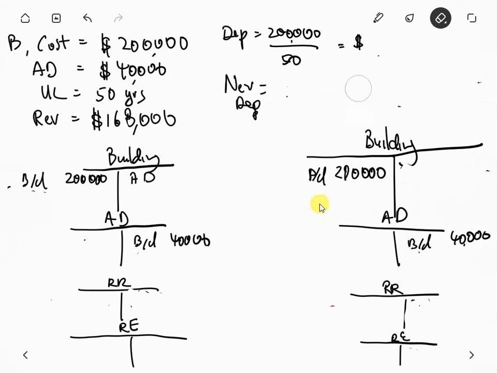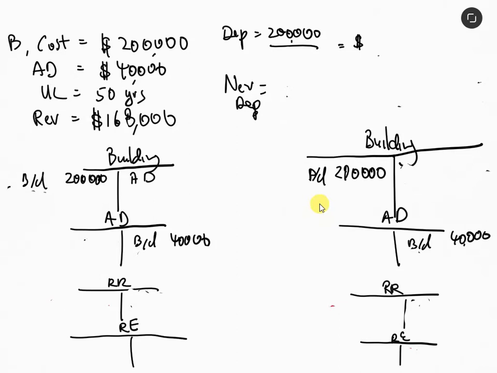This is my cost, 200. Accumulated 40. 50 years useful life. I would like to revalue to 168. What is my net book value? It is 160. And I want to revalue to 168.